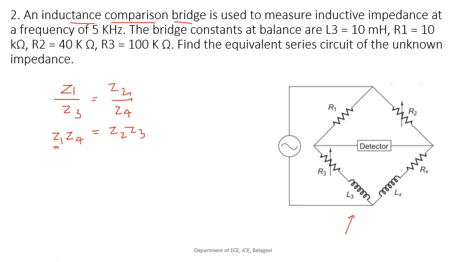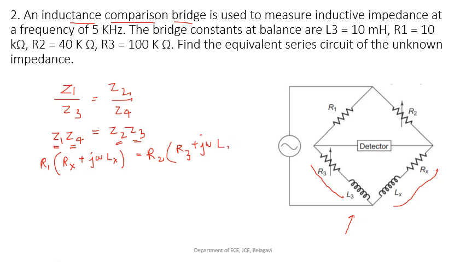Now you can see Z1 is R1, Z4 means this branch where Rx and Lx is connected, so in this case it will be Rx plus j omega Lx, equal to Z2 which is R2, then Z3 will be this branch, R3 plus j omega L3.